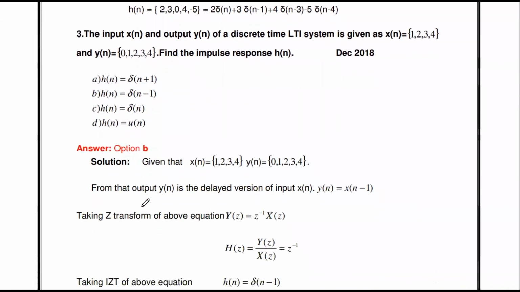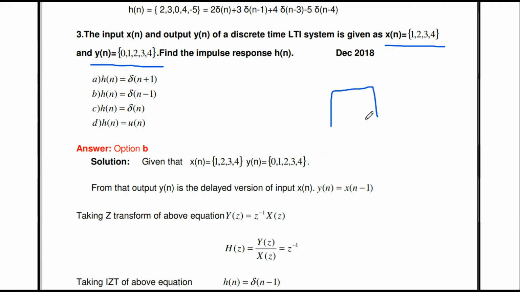Then the next question: the input x of n and output y of n of a discrete time LTI system are given as x of n equal to 1, 2, 3, 4 and y of n equal to 0, 1, 2, 3, 4. Find the impulse response h of n.